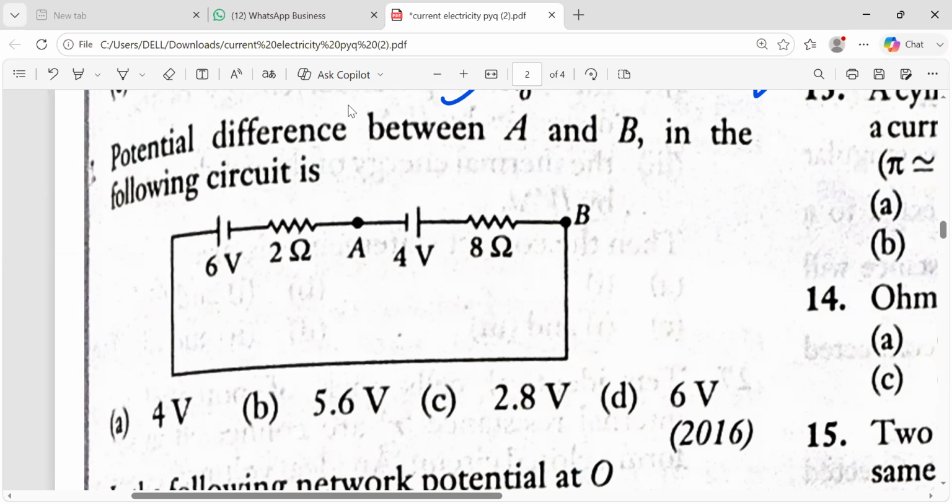Potential difference between A and B in the following circuit is what? Here also same trick.